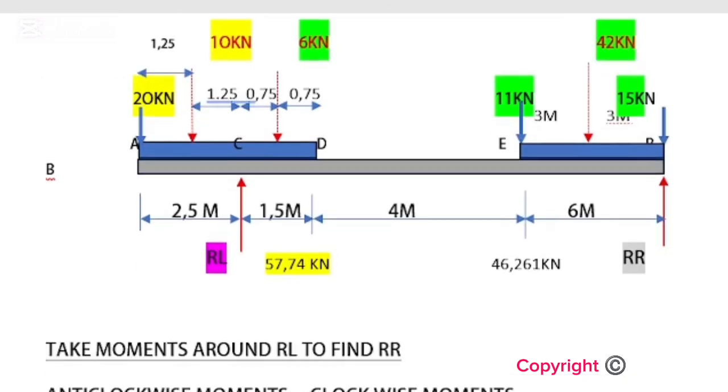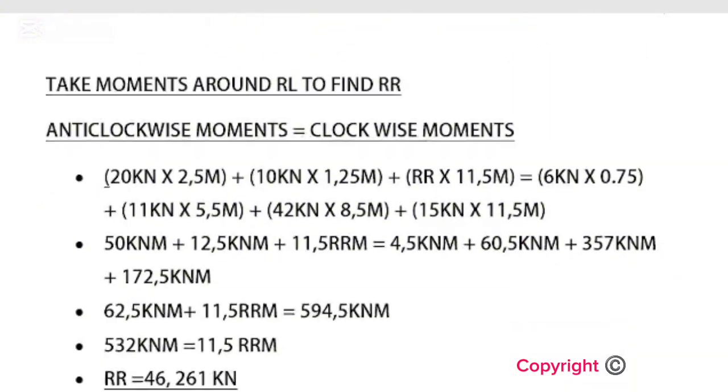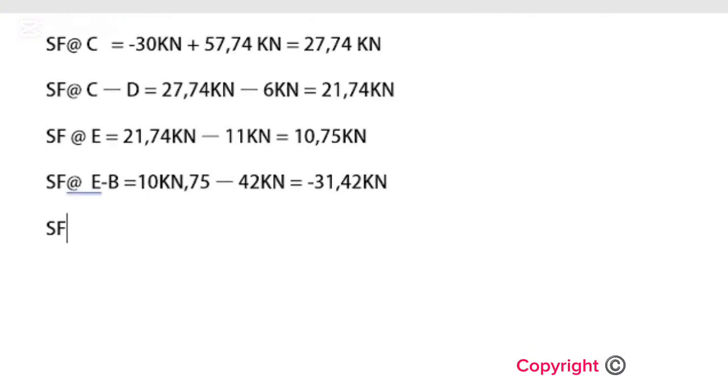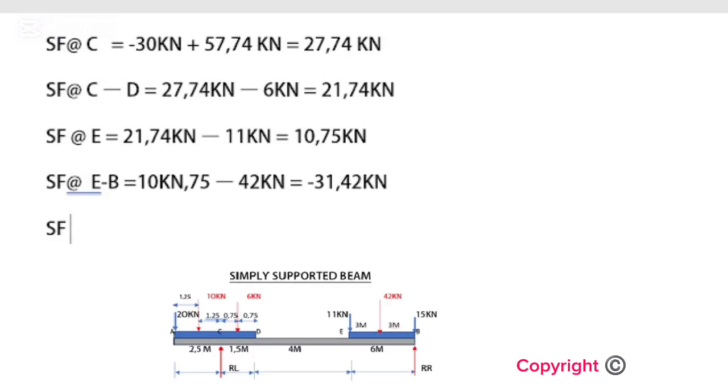Then the shear force at the last point, it will be shear force at point B, which is 15 minus RR. Shear force at B equals to the last one.